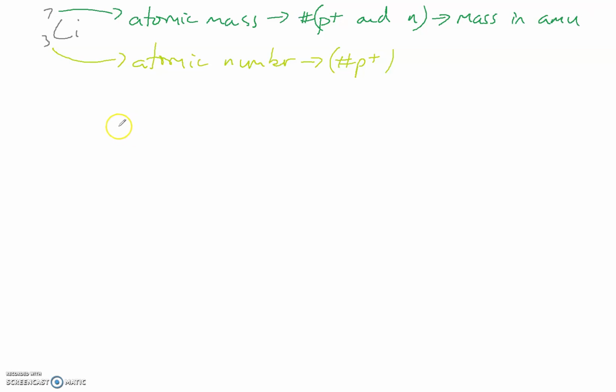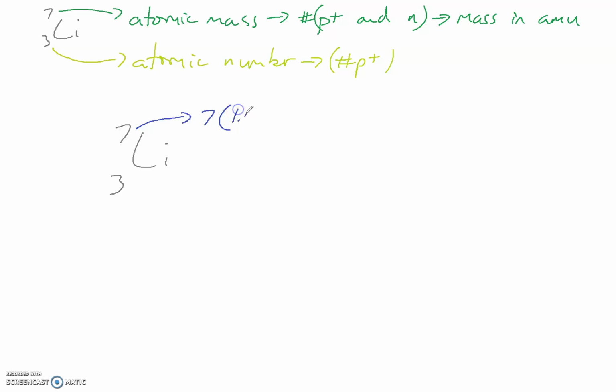So if we did that for lithium 7,3, suppose we've got a lithium 7,3 nucleus. If we wanted to find the actual mass of this, we need to do 7 times the 1.67 times 10 to the negative 27, or the value of 1 atomic mass unit, which is again on your super sheet. It's also approximately the mass of a neutron or proton.